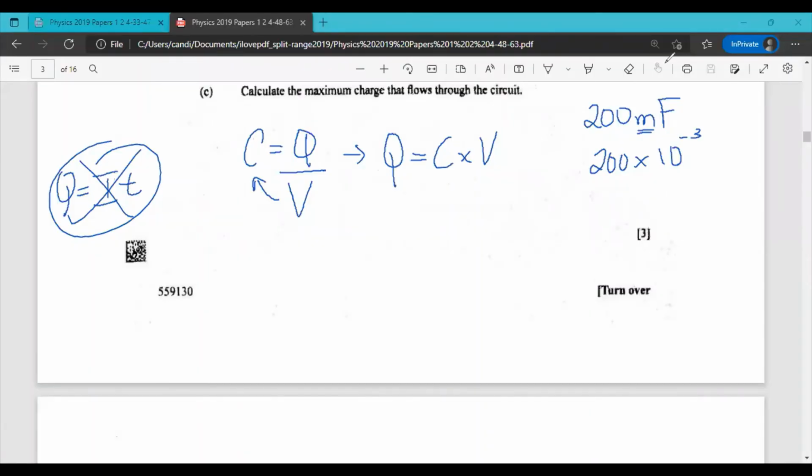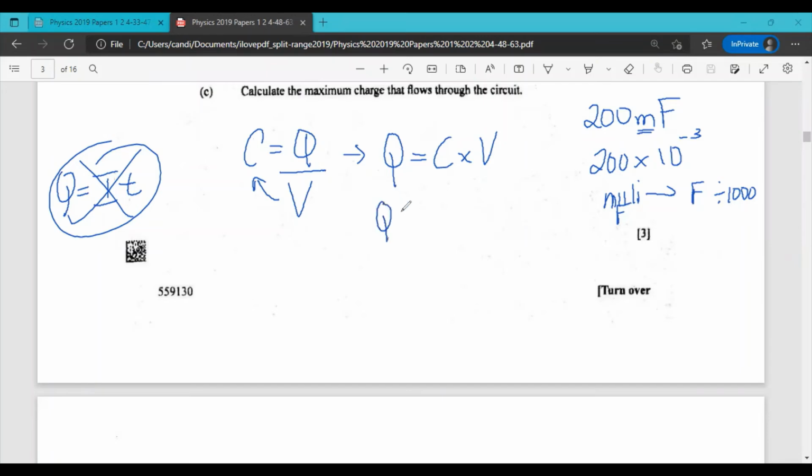We can just simply divide by 1000 and then we'll get 0.2. So to go from millifarads to just farads, you divide by 1000, just like you would go from millimeters to meters. That's what you do before you plug it into your equation.